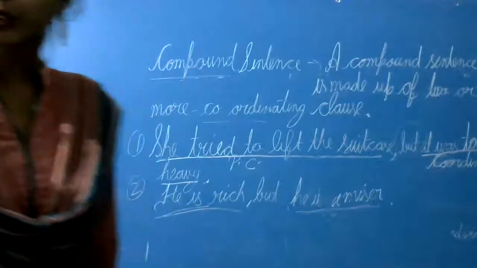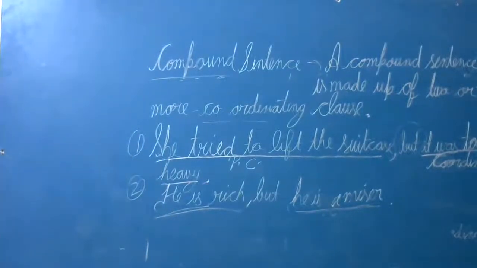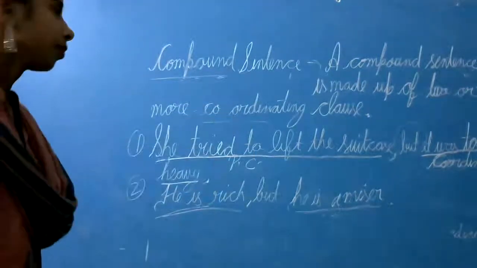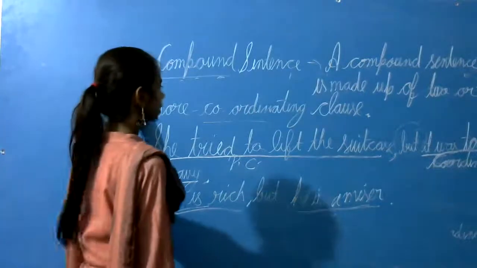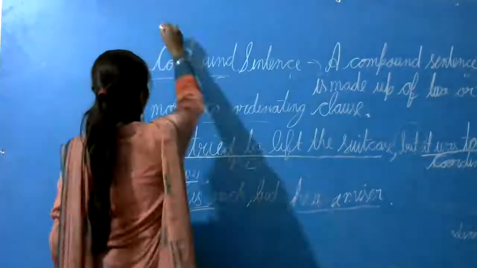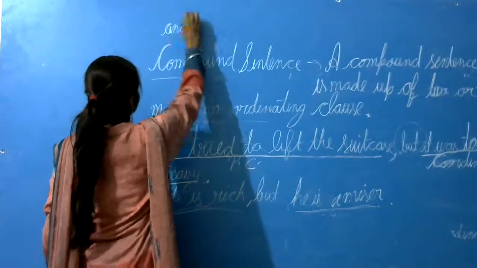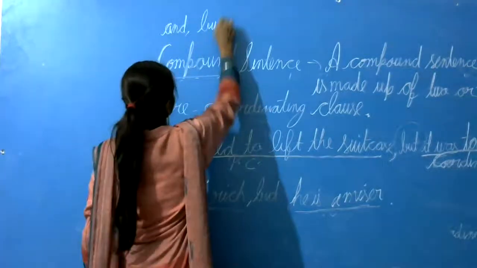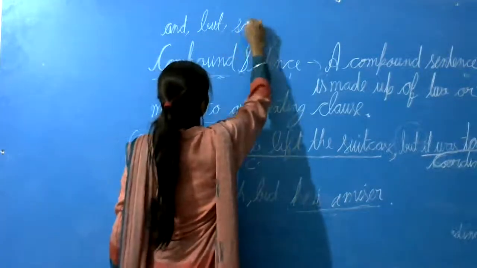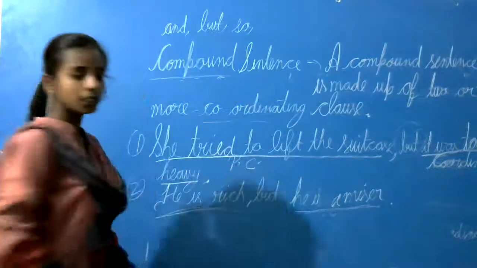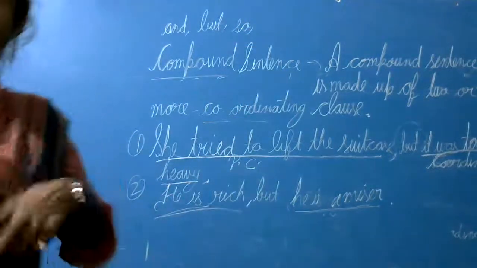Now I am going to tell you some examples of coordinating conjunctions. Written: and, but, so. These are the examples of coordinating conjunctions.